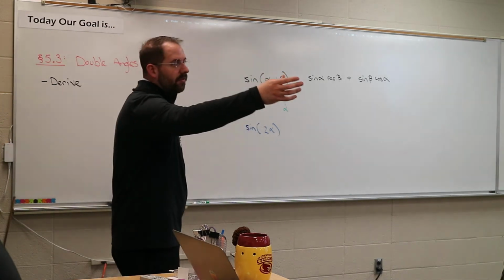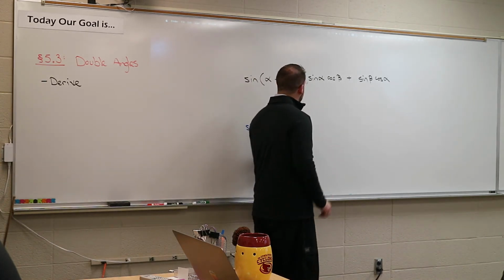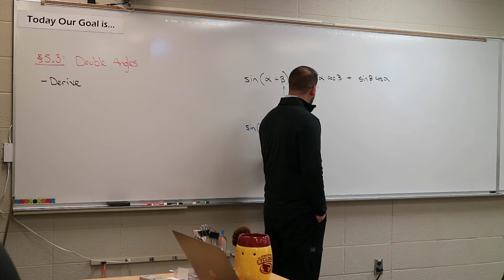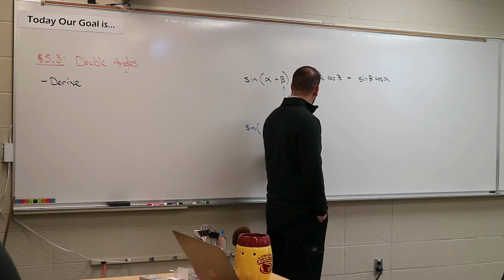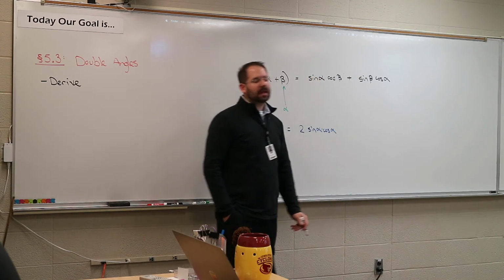When you use alphas, alpha plus alpha is 2 alphas. Then you got an equal sign, and then a 2, and then a parenthesis, sine fish, cosine fish, parenthesis.